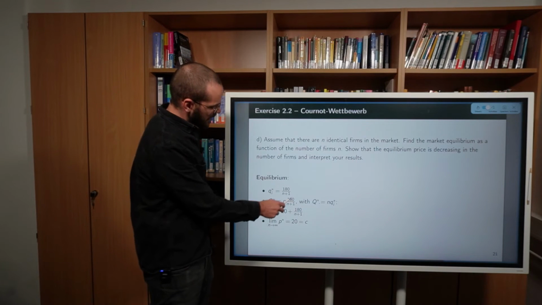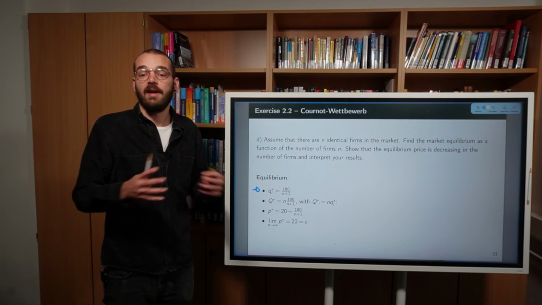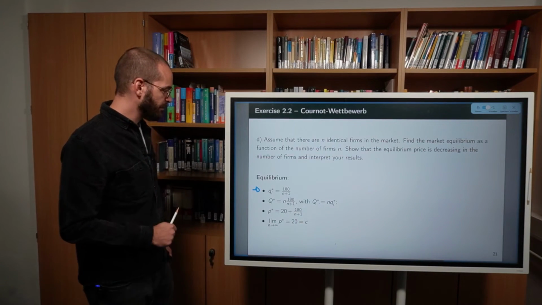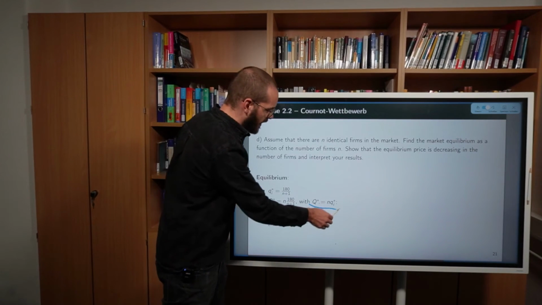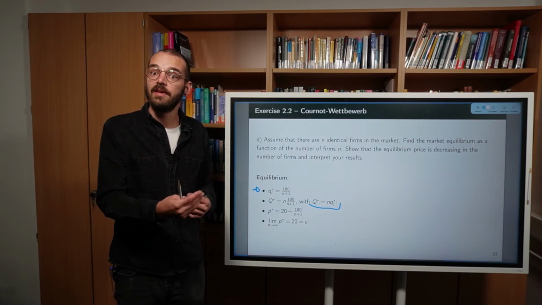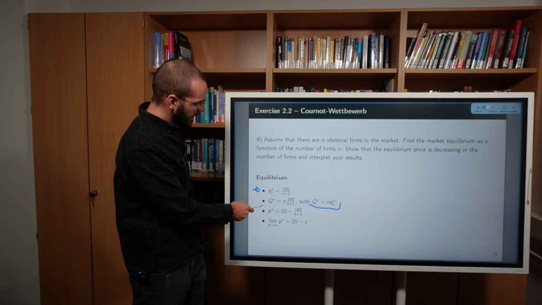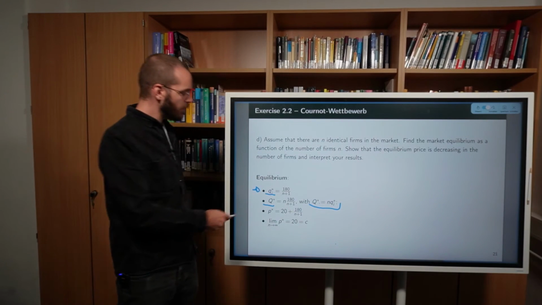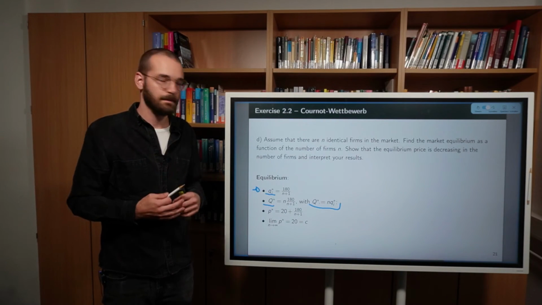Well, again, just as a reminder, in this very first bullet point, we know the profit maximizing or equilibrium quantity that is produced by one single firm, qi star. Knowing that the total market quantity is equal to n times the individually produced quantity, lowercase qi, we can simply calculate the total market quantity, capital Q star, by multiplying lowercase qi star with n, because there are n firms in the market.